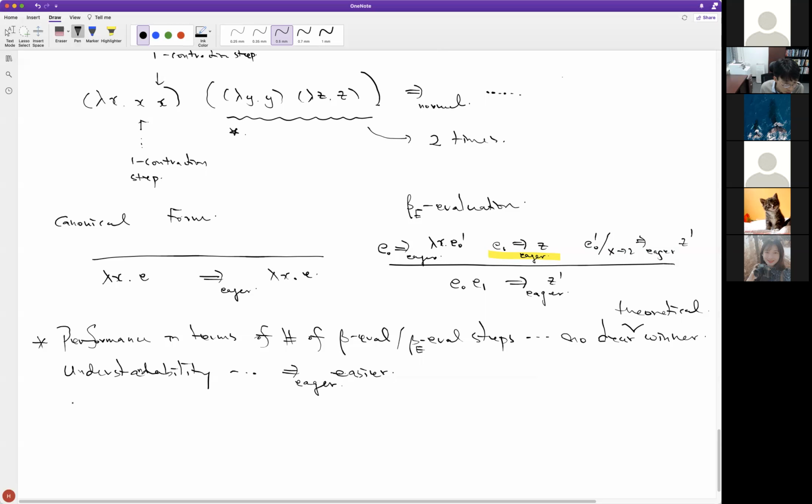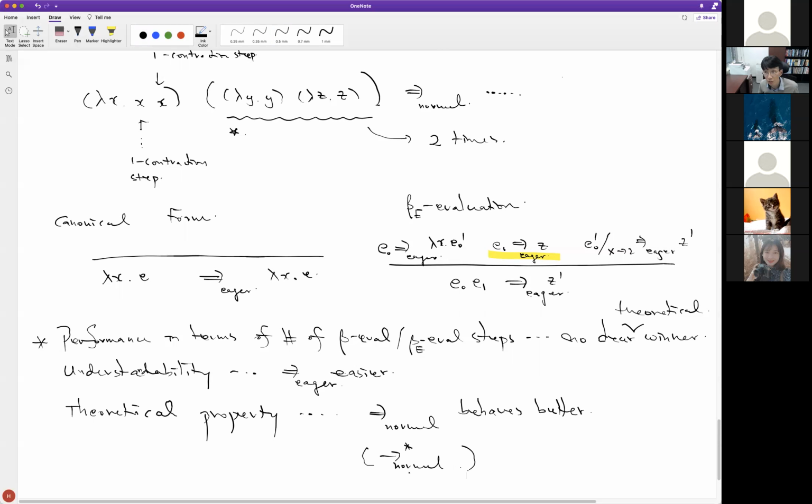But then you might ask me, why not use eager all the time? There is a theoretical property. In terms of theoretical properties, normal order behaves a lot better. Just like the normal order reduction that we talked about, normal order contraction has the property that if it's possible to get a beta normal form, normal order will give it to us.